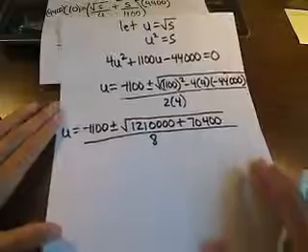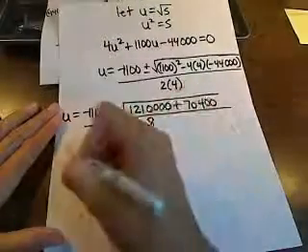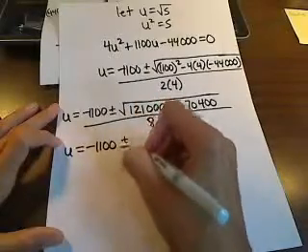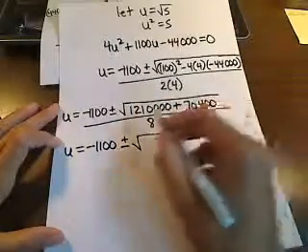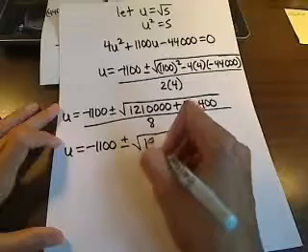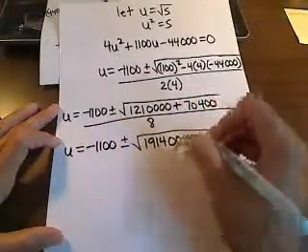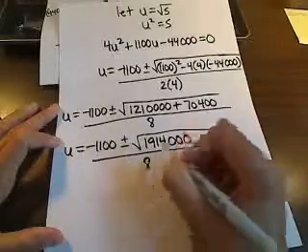So, okay, and then we have u is equal to negative 1100 plus or minus. If I add these two together, I get 1,914,000. That's all over 8.